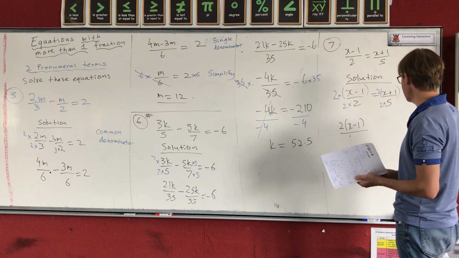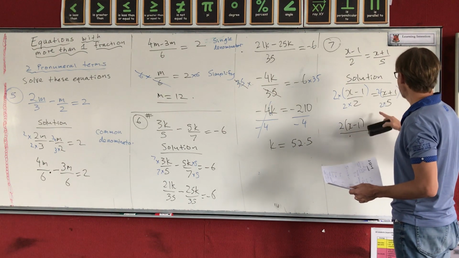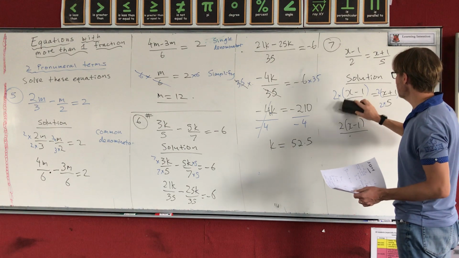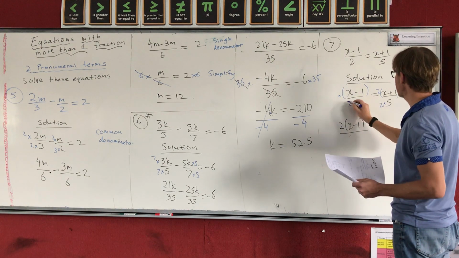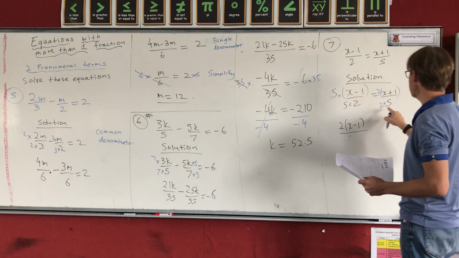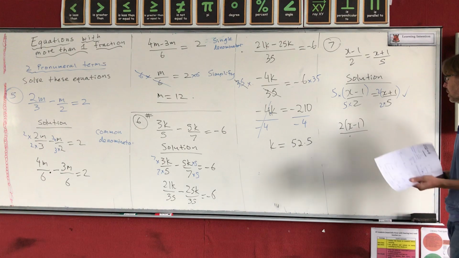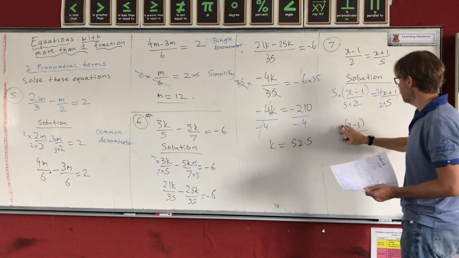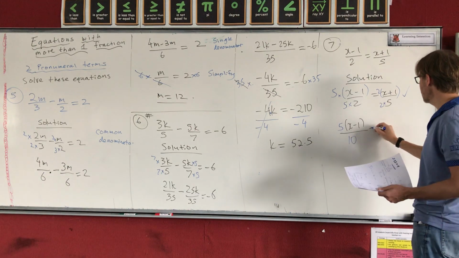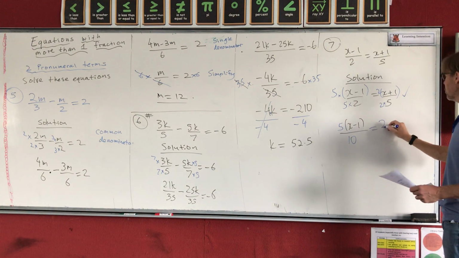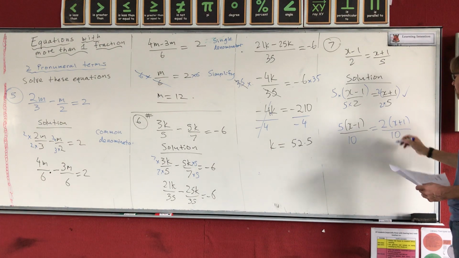Whoops, that's a mistake, isn't it? Okay, come back to that one. I should have taken the 5 there, shouldn't I? My bad. Okay, times by 5, times by 5. I should have taken that denominator there and times, that's correct now. All good? Now, that'll be a 5. 5 2s are 10 equals, then 2, keep the brackets in there. I just want you to do one step at a time.